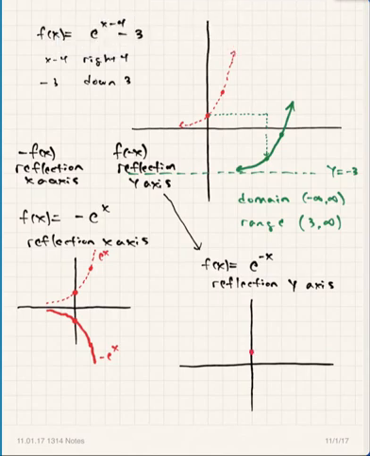It goes through (0, 1) and (1, e). It's my growth curve. But now I reflect that one around the y-axis. So you're flipping it left and right, and when you flip it left and right, you get this graph. Instead of a growth curve, you get a decay curve. And this is e to the negative x right here. So changing the sign of that exponent literally changes a growth curve into a decay curve.